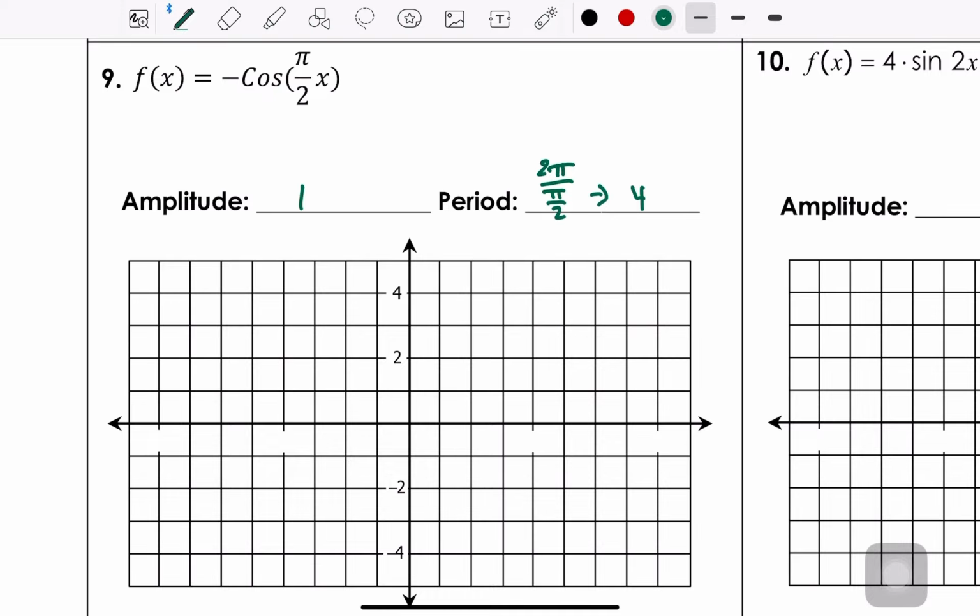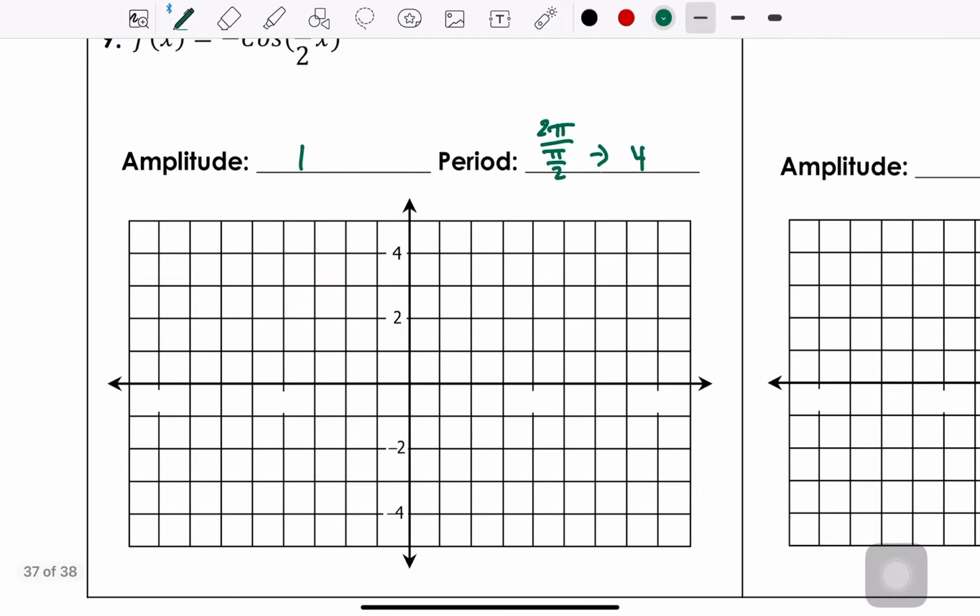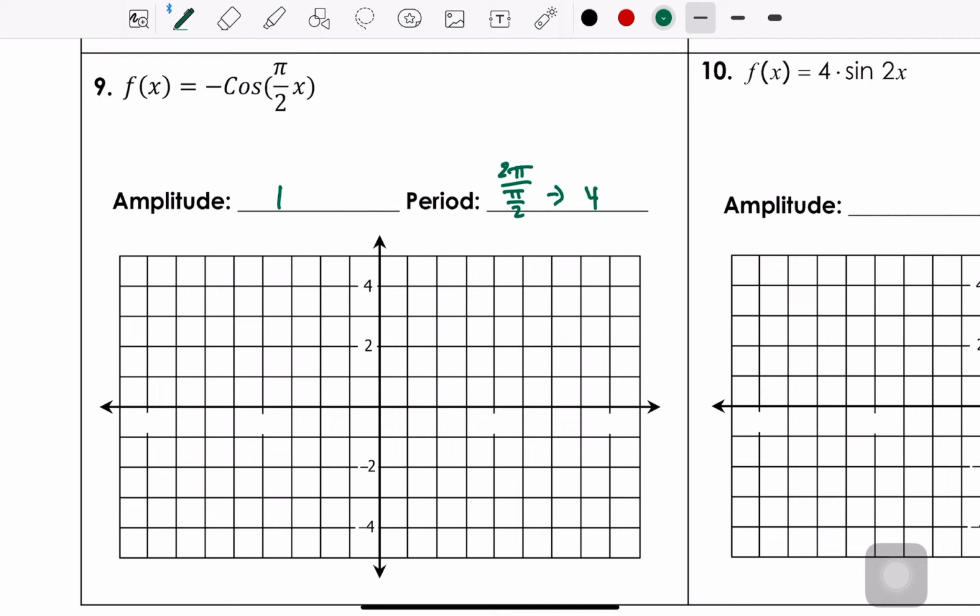If you do it right, your period should be 4. I'm gonna go ahead and select my markers here. So with that being said, divide by 2.